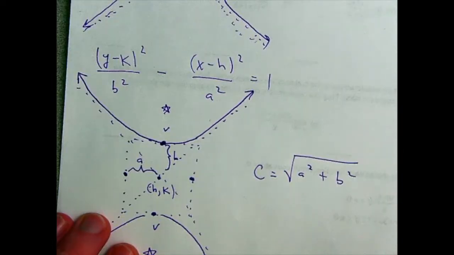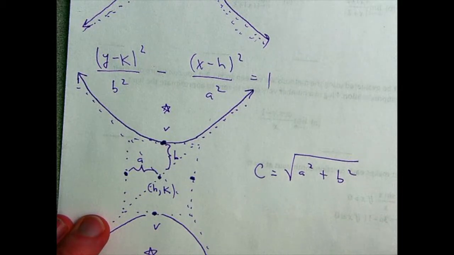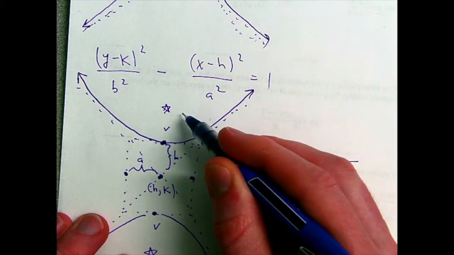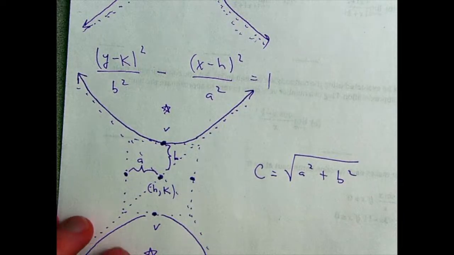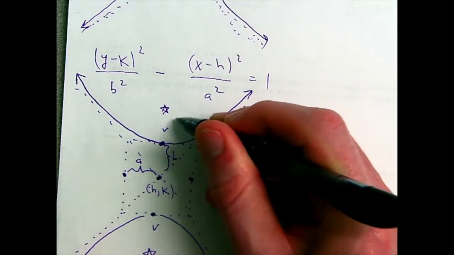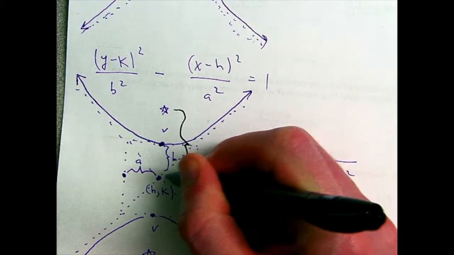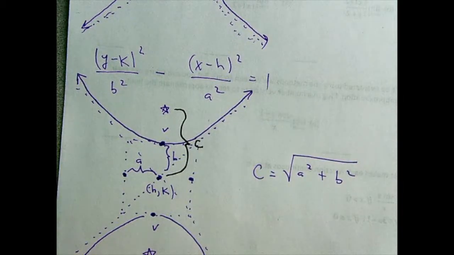That c is the distance, once again, between the center, right here, and one of the foci. So at the risk of making my picture too cluttered, maybe I'll use a different pen. This distance right here, that is c, the distance between the center and one of the foci.